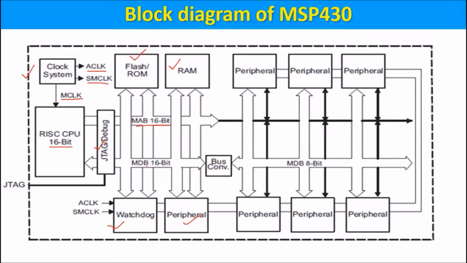Then it has a memory data bus of 16-bit. The peripheral devices which are 16-bit size are connected to the processor through this bus. If the peripheral devices are of 8-bit size, then there is a bus converter which converts this 16-bit data bus into an 8-bit data bus, and then this bus is connected to peripheral devices. So this is the general block diagram of MSP430.